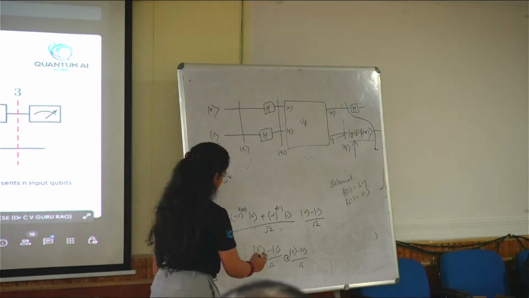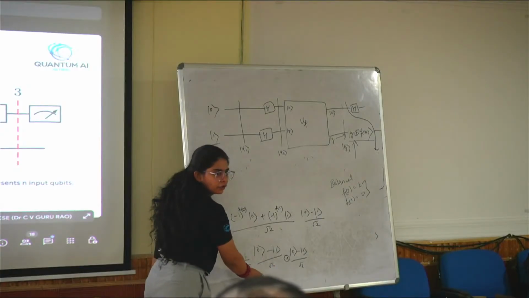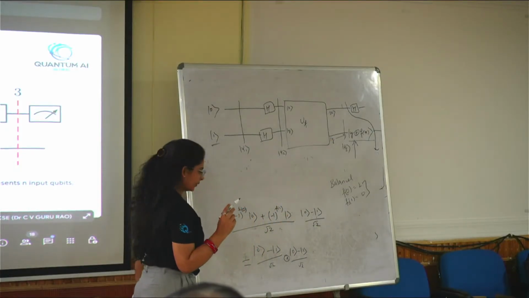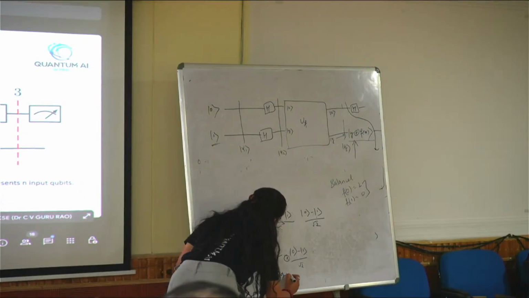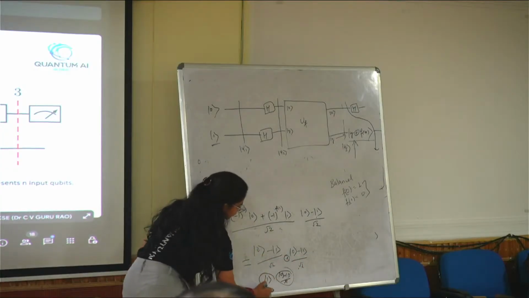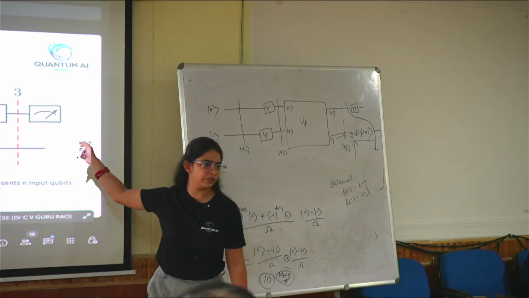Now if I apply a Hadamard gate over here on the first qubit, it has written that we will apply a Hadamard gate. So that means it will become 1, and we are not bothering about the second qubit. We are only interested in the first qubit. We are only measuring the first qubit over here.